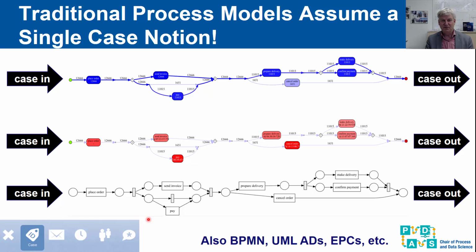But if you're drawing, for example, a BPMN model or any other notation that you may like, implicitly there is a case notion, because the process model is describing how you're handling one case in isolation. So this notion will be in BPMN, in UML activity diagrams, in event-driven process chains, in workflow nets, a special variant of Petri nets. No matter what you take, you need something like this.